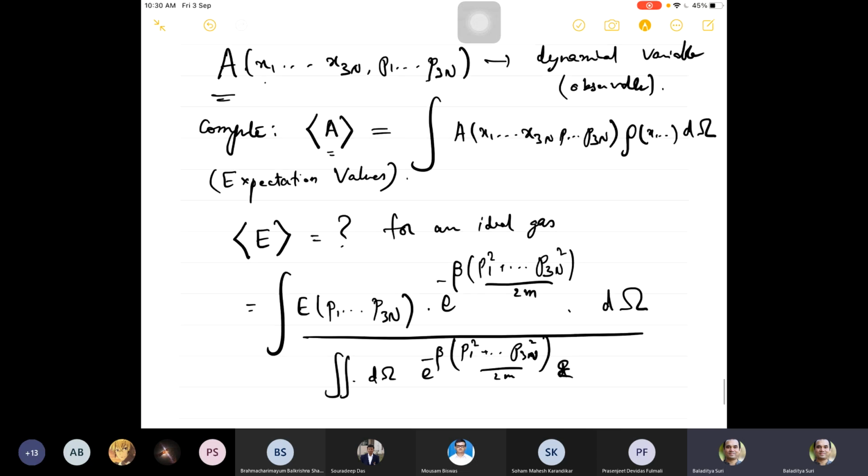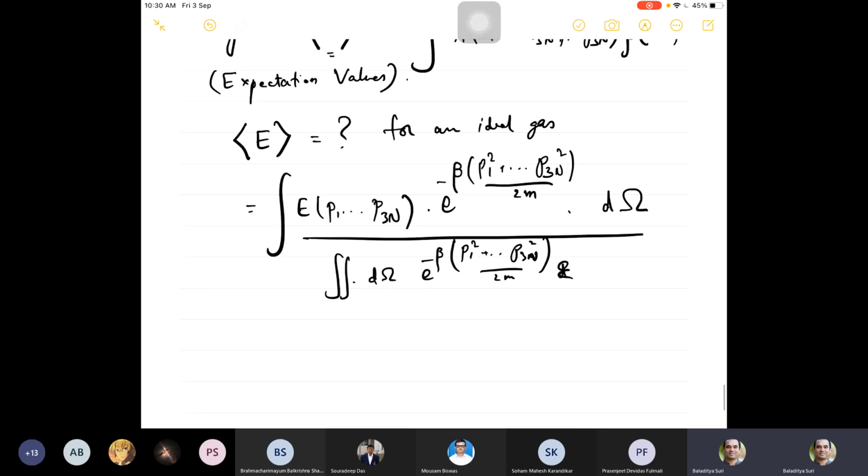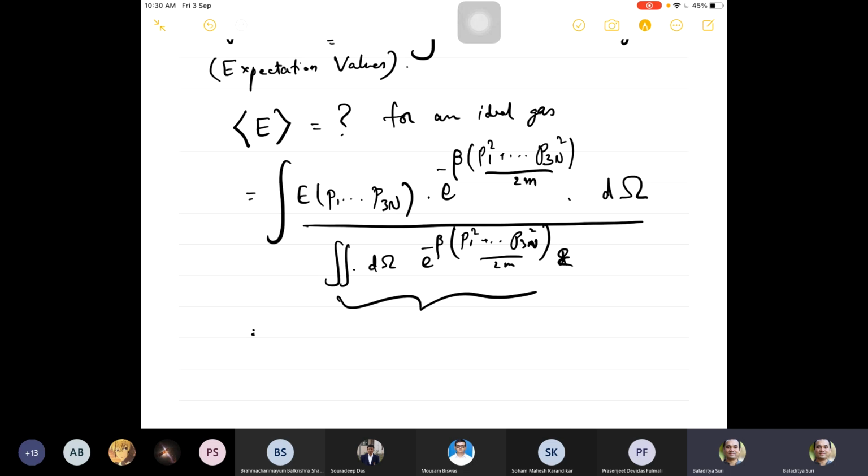This is the expectation value of energy, and we know that the denominator can be easily evaluated.